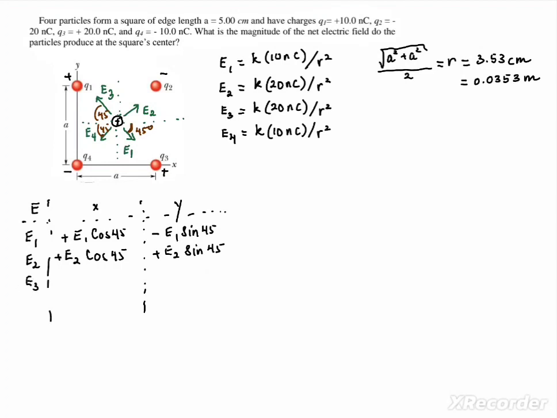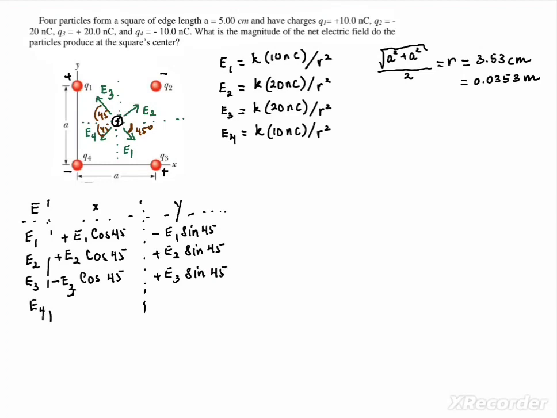E3 is in the second quadrant. So we have X component negative and then Y component as positive. So we have negative E3 cosine 45, and positive E3 sine 45.